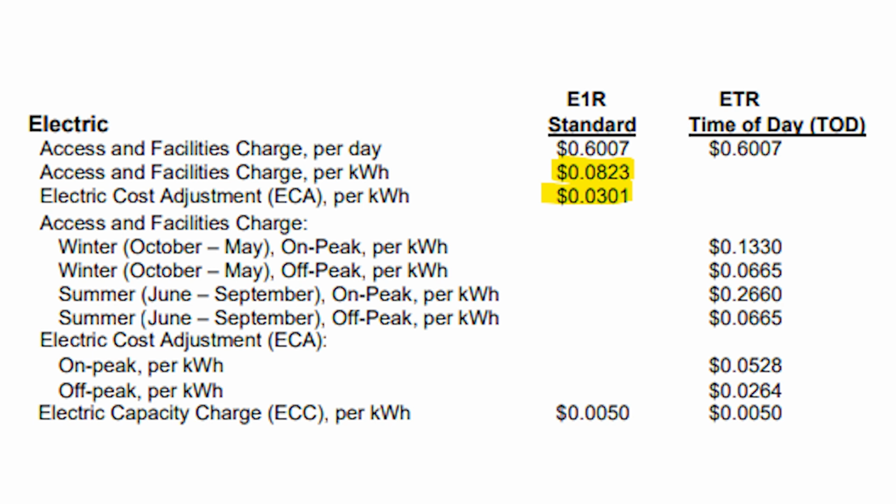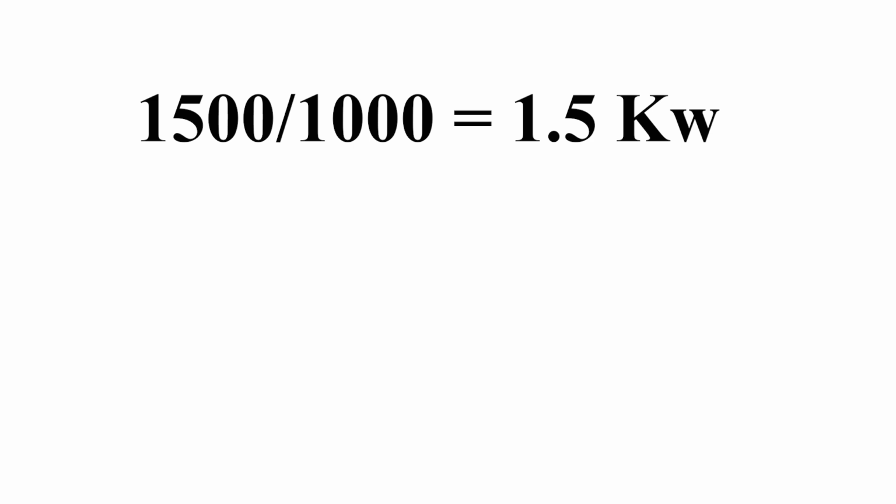The website for my utility company has a rate sheet published online, and I can see right there what their current rates are. So right now we're at about 11 cents. I'm going to round it just to make it easy for math. So you know what you're being charged specifically per kilowatt hour wherever you live, and of course you've looked that up. So for this example, it's 11 cents.